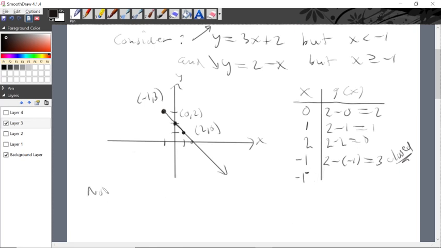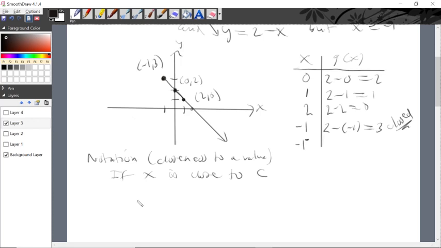So this is notation to express closeness to a value. Consider if x is close to the value c.